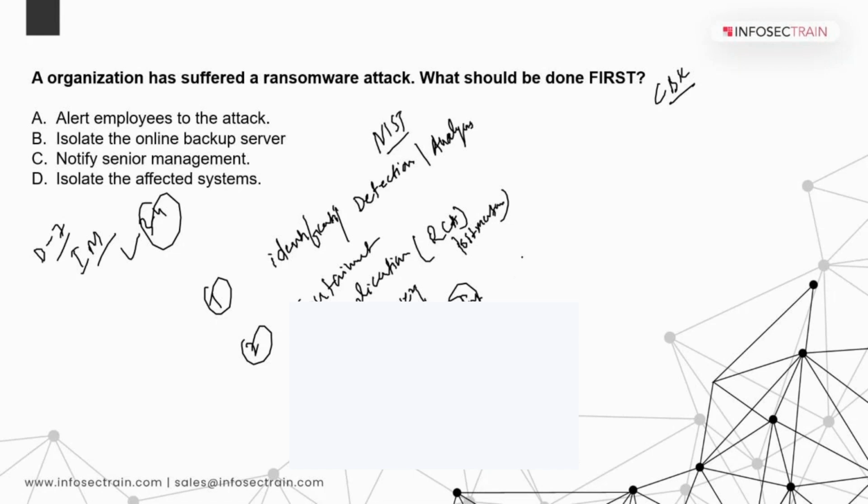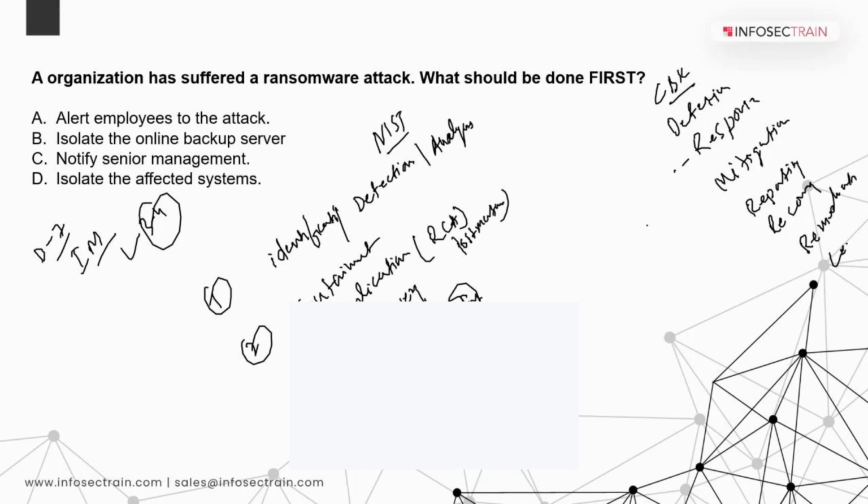Okay, now for CVK you have detection, then your response, then mitigation, then reporting, then recovery, then your remediation, and then your lessons learned.